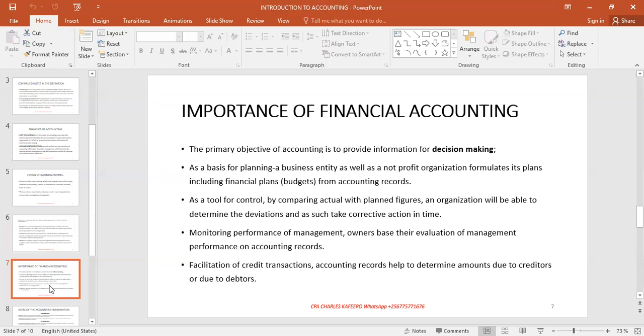You make analysis. You forecast how they are going to be paying you depending on the terms you had with them when you're giving them goods on credit. Then the other thing, we can use the financial accounting information as a basis for planning. A business as well as a non-profit organization formulate its plan, including financial plans, in brackets budgets, from accounting records.